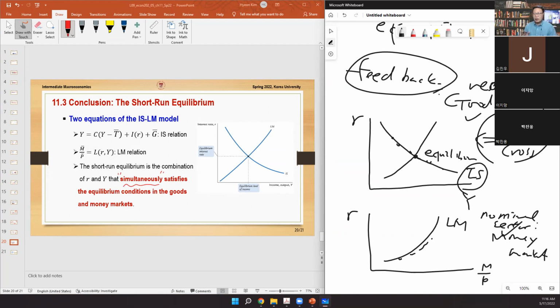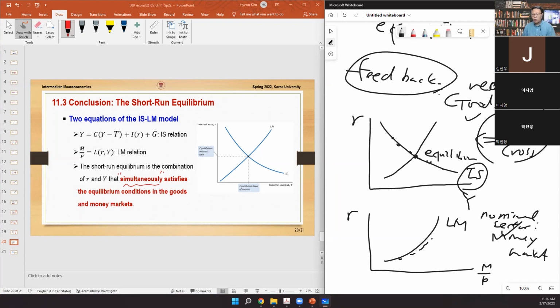They would like to make a balance between the goods market and the money market. And more fundamentally, they believe in the short run, which is another representative of sticky price. In other words, in the long run, by definition, we will not have any sticky prices.